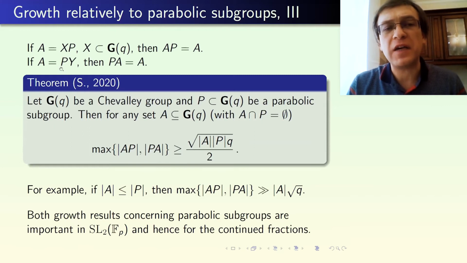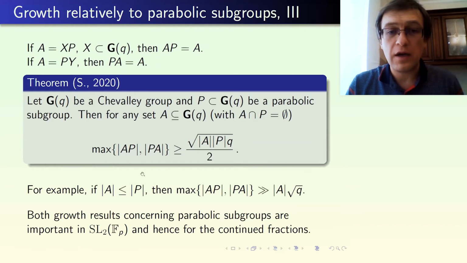On the other hand, if I have a left coset, then P times A equals A. So my result is the following: for any A, either A times P or P times A must grow. So this maximum is greater than this quantity. For example, if A is less than P, then the maximum is greater than the size of A times square root of Q. And this growth is also important for us.